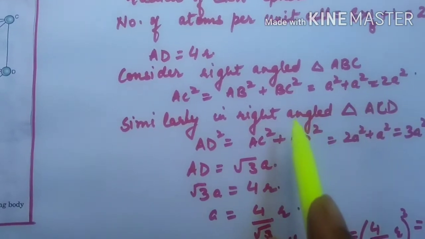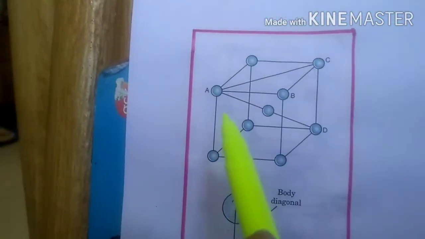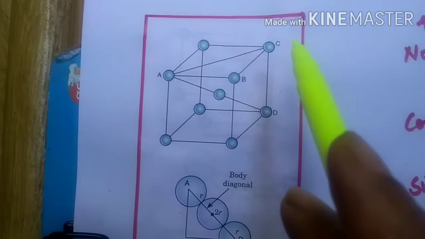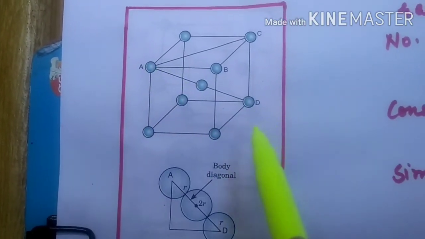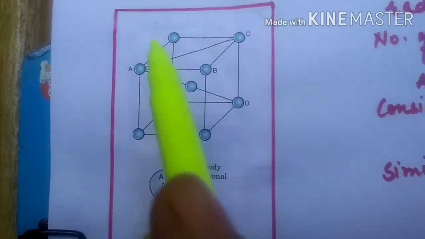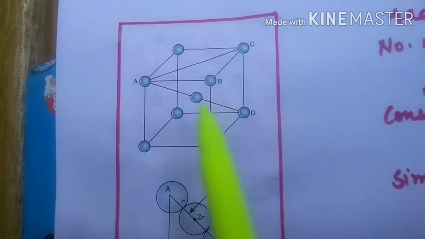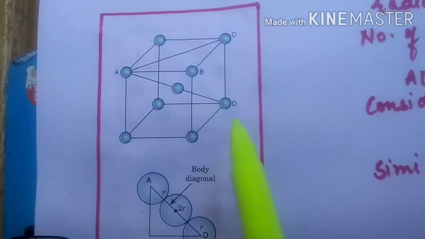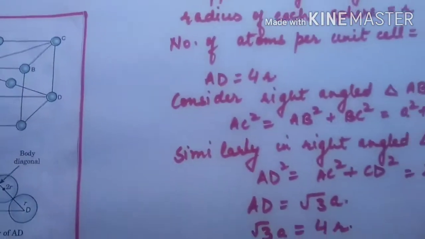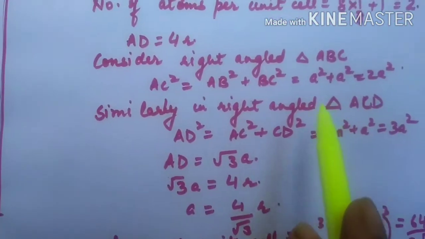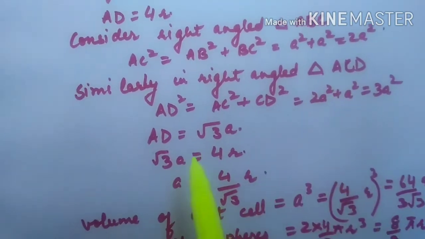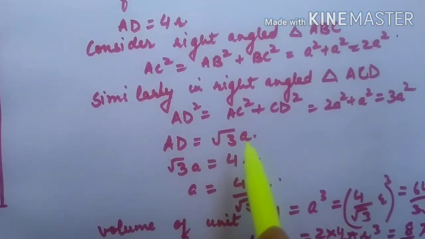Then we will take the triangle ACD. In this, AD is the hypotenuse, so AD square is equal to AC square plus CD square. This is 2A square plus A square, which is 3A square. So AD is equal to root 3 A.